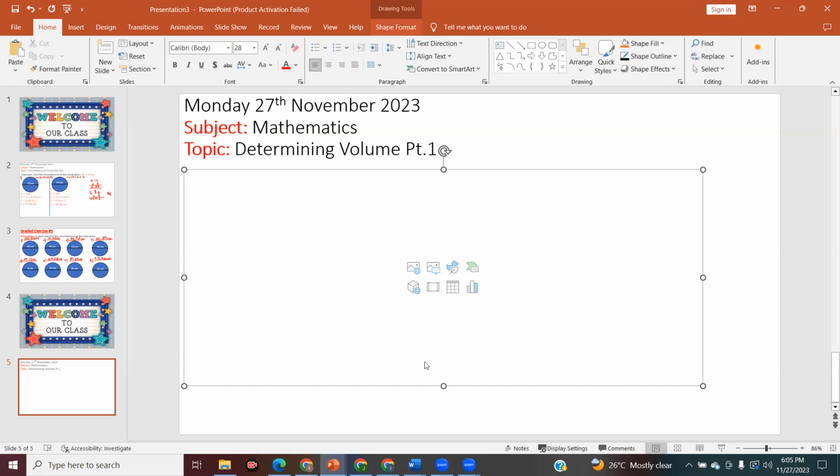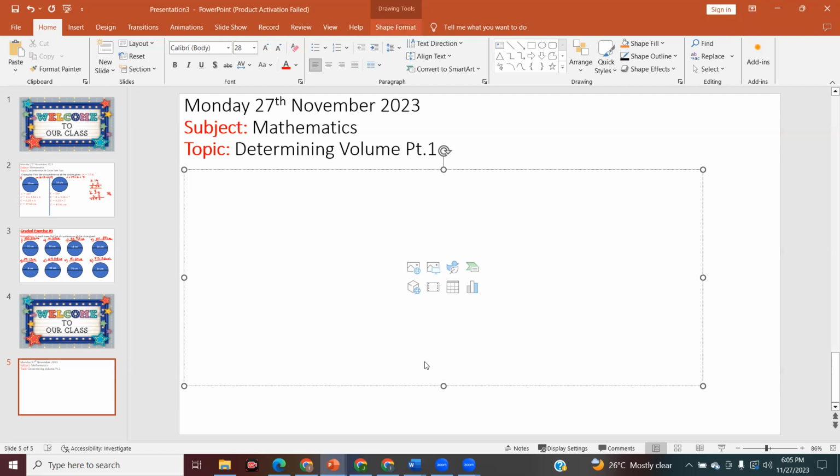Okay, that is one formula for volume. But what if I have a triangular prism? How can I get the volume of that? Is it still length times width times height? Like, what is volume anyway?